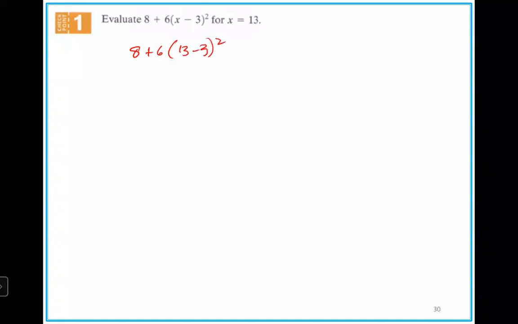Then I have 8 plus 6, open bracket, 10, close bracket, to the power of 2. 8 plus 6, open bracket, 100, close bracket. 8 plus 600 equals 608.